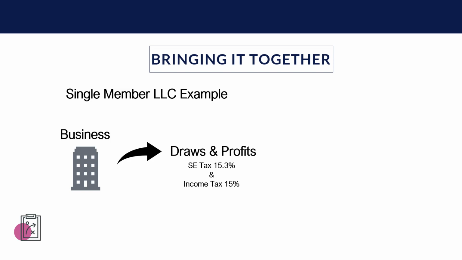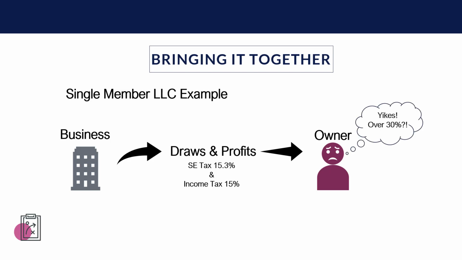So all of the funds, therefore, are subject to the 15% self-employment tax, as well as the regular income taxes, which are commonly around 15%, plus or minus. That makes a total of a 30% tax burden. That is painful. In the scenario where this business is generating $50,000 of profits, the poor entrepreneur is looking at a $15,000 tax bill. That just makes business not fun anymore.